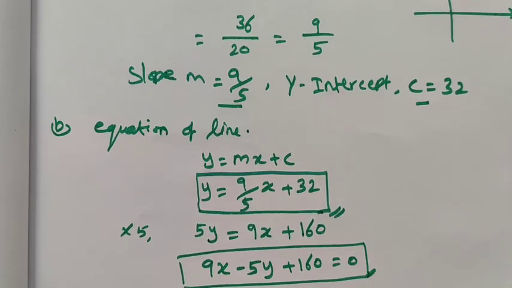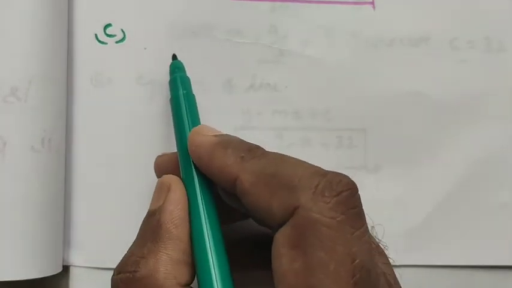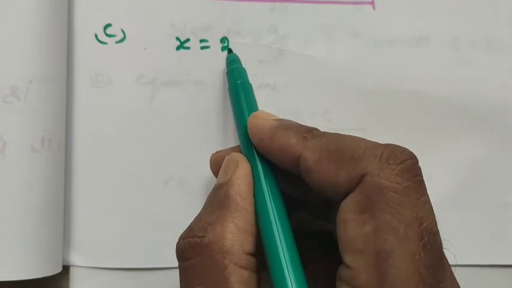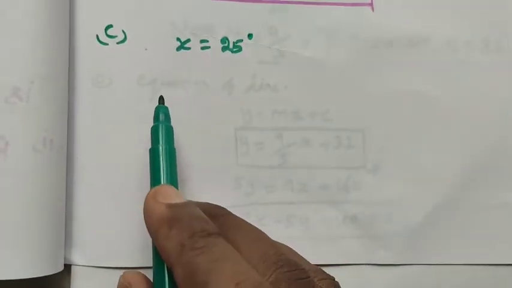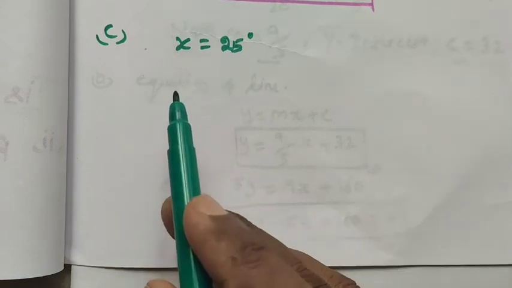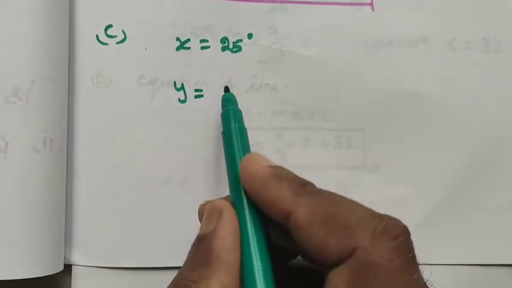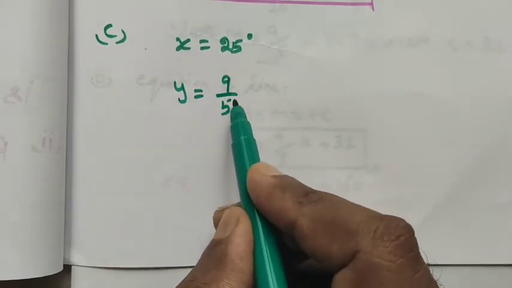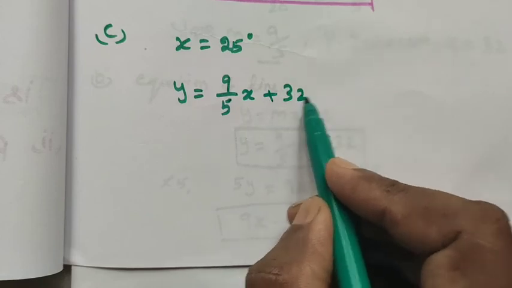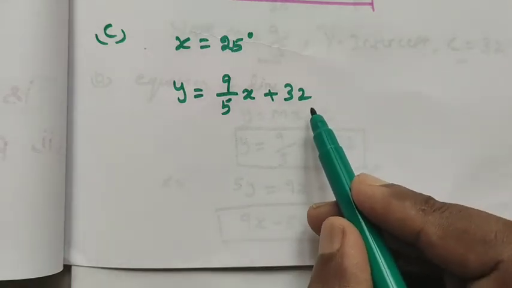Let's see the third part, C. Here x is given as 25 degree, that is the temperature is given as 25 degree. We want to find the value in Fahrenheit. We know that we have just found y is equal to 9 by 5 into x plus 32. This is the formula for converting Celsius into Fahrenheit. In physics we have already studied this formula, right?